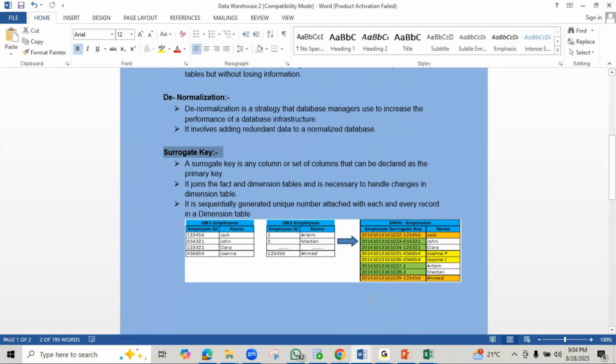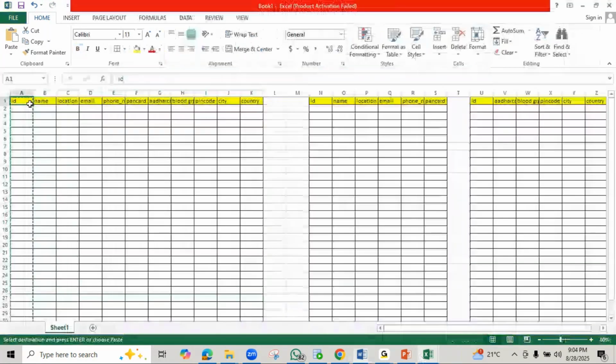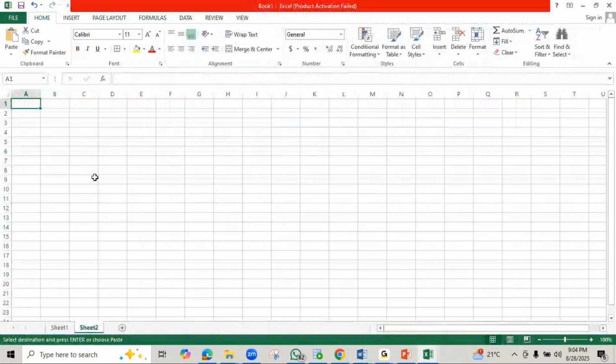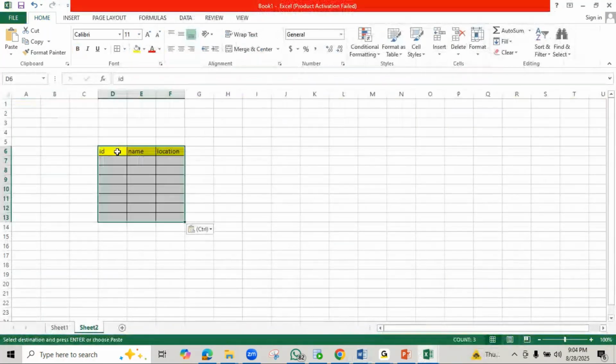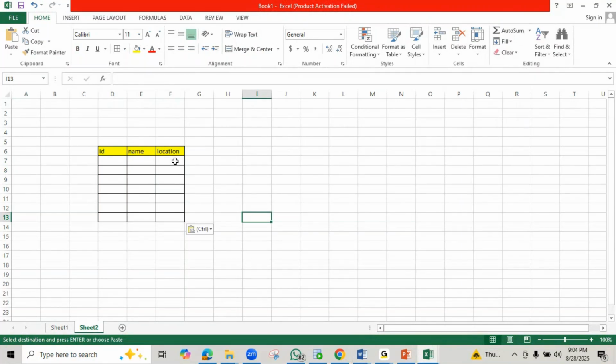So, for better understanding, let me open one Excel file. Imagine that I have one table. This table is in the database, guys. I will show you in the database how to create a table. Consider an example: I have created one table, and I have a few columns like ID, name, and location.